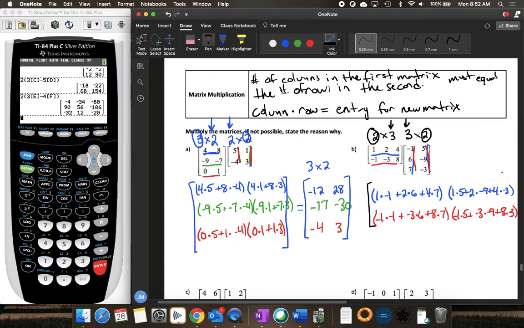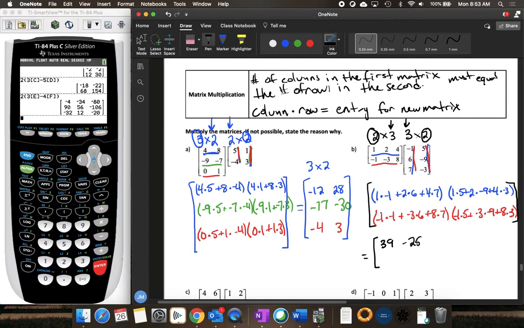All right, so now we should be able to combine everything to simplify this. So let's see what our matrix ends up being equal to. So we'd have negative 1 plus 12 is 11 plus 28 is 39. And then we'll have 5 minus 18 is negative 13 plus negative 12 is negative 25. So there's our first row of our new matrix.